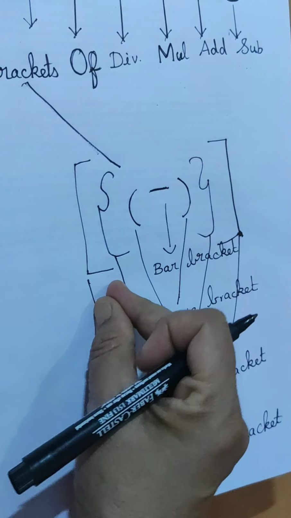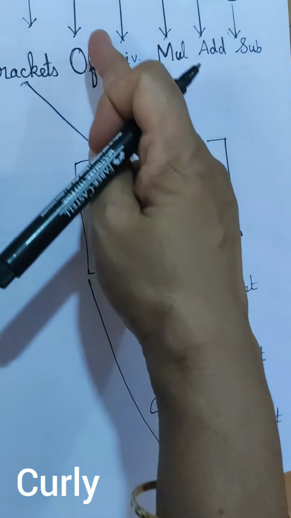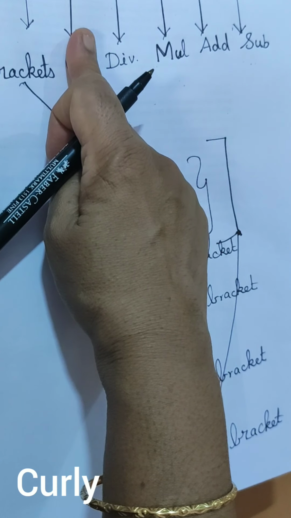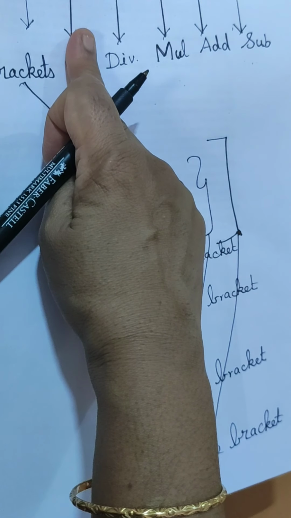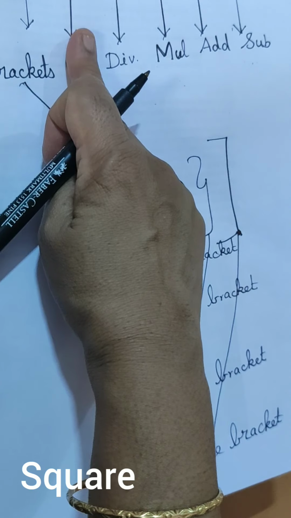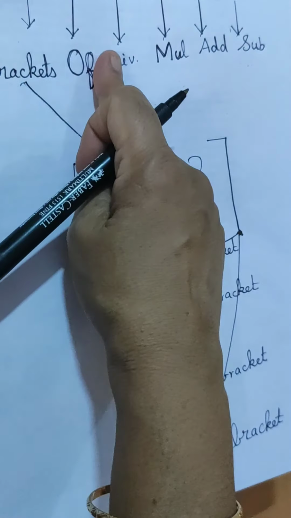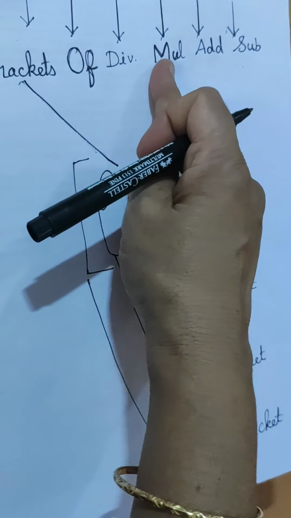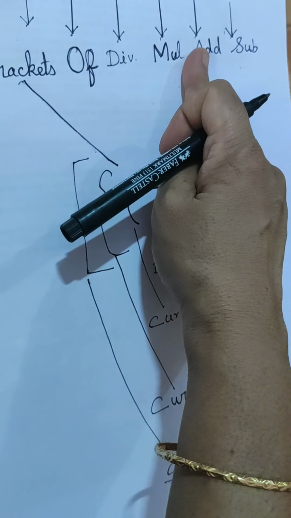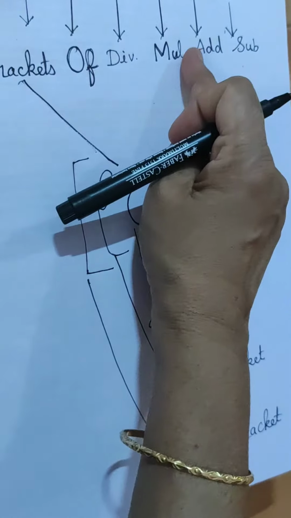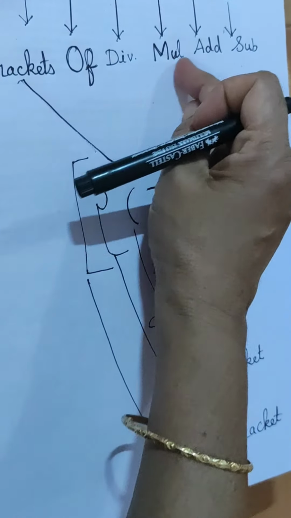After solving all the brackets, then you should go for of. Then after solving the of, you should go for the division, then the multiplication, then the addition. When addition and subtraction come together, you can solve in the line.